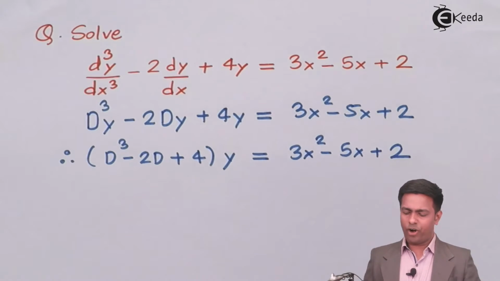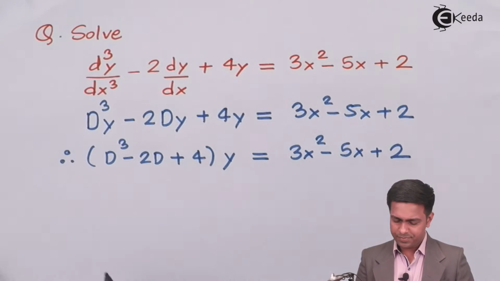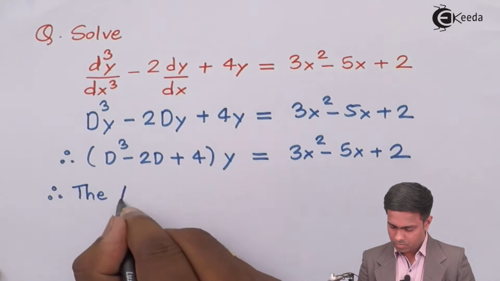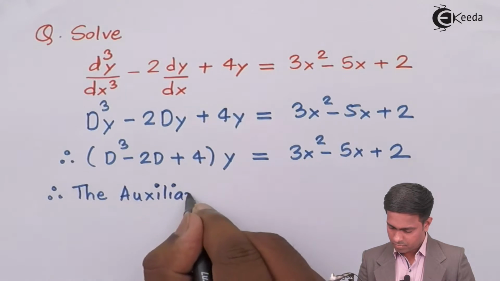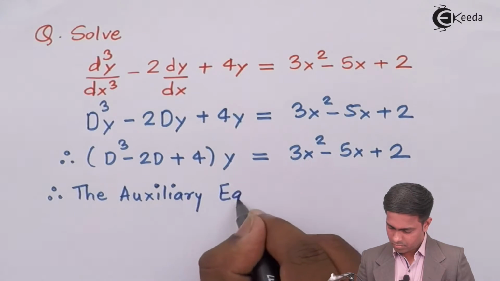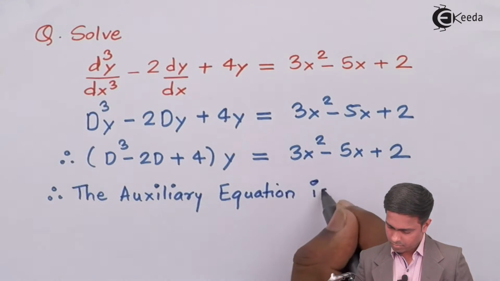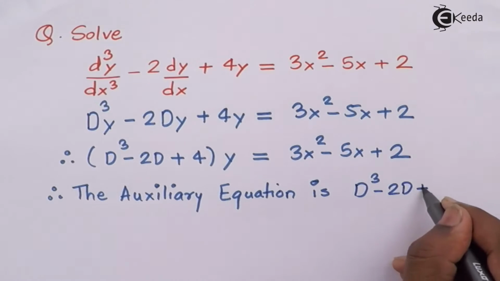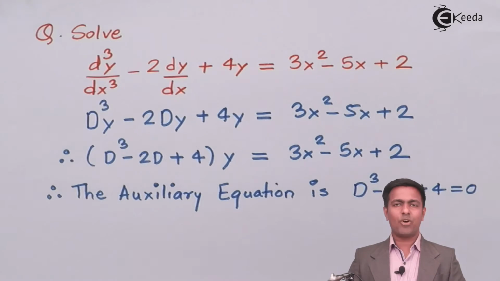So here we got the function of D, we will equate it to 0 to get the auxiliary equation. Now let's solve this auxiliary equation.